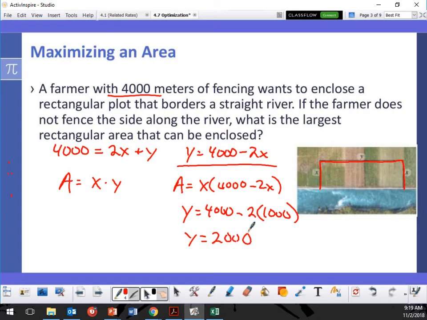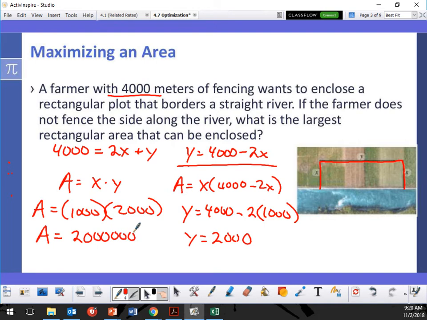So to maximize my area, my area would be 100 times 200, which is 20,000. What are my units? Meters squared. So 20,000 square meters.